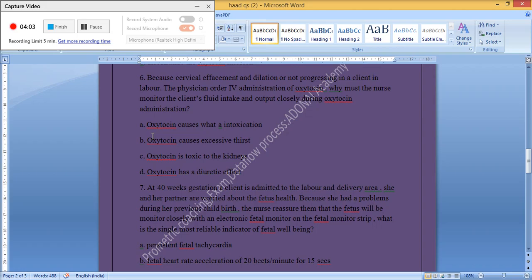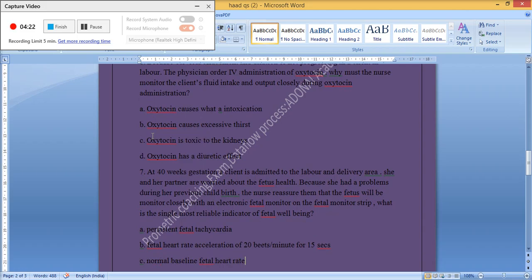7. At 40 weeks gestation, a client is admitted to the labor and delivery area. She and her partner are worried about the fetus's health because she had problems during her previous childbirth. The nurse reassures them that the fetus will be monitored closely with the electronic fetal monitor. What is the single most reliable indicator of fetal well-being on the fetal monitor strip?